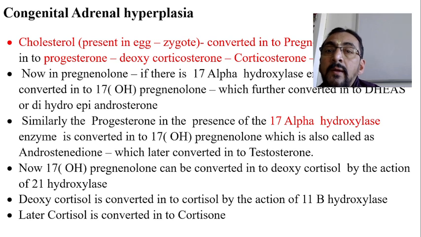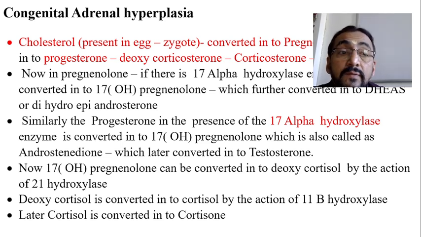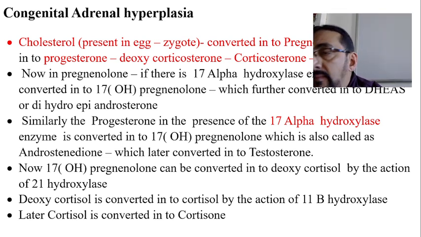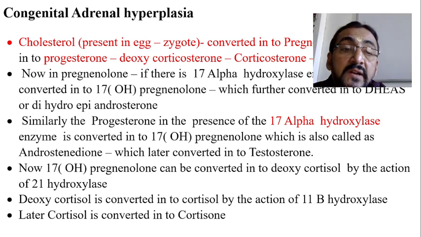Similarly, the progesterone in the presence of 17 alpha hydroxylase enzyme is converted into 17 OH progesterone, which is later converted into androstenedione, which is later converted into testosterone.